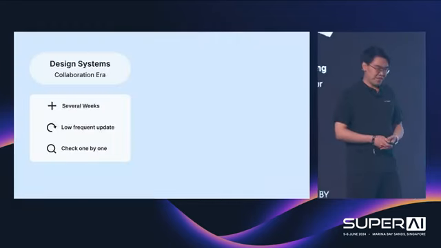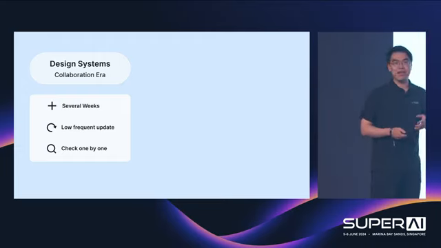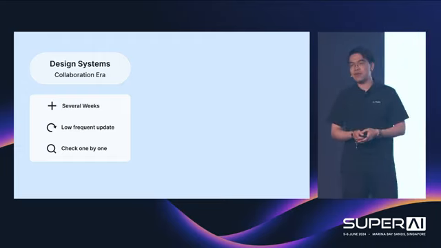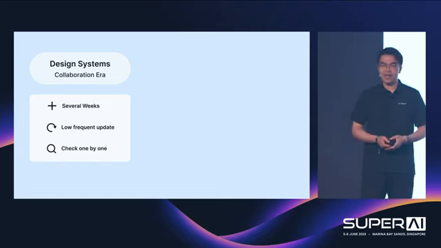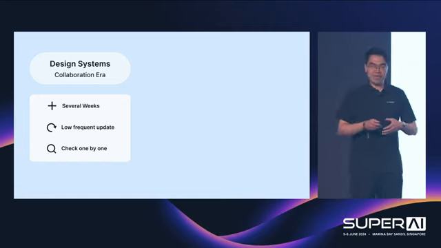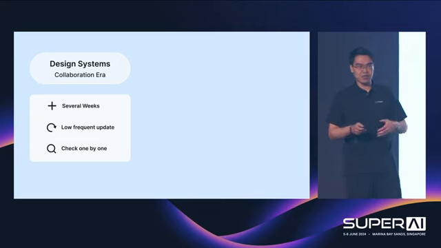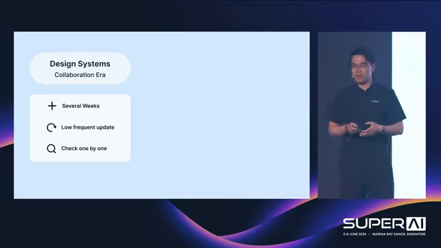OK, a brief summary for this part. In the collaboration era, I think Figma has done a very great job. It puts the design system online, and every member can edit and apply the design system to the team, and it boosts efficiency. But it doesn't solve the problems.